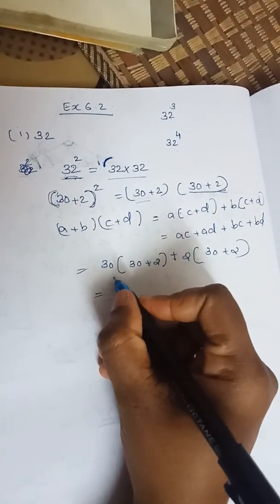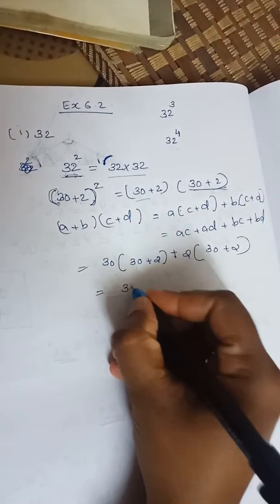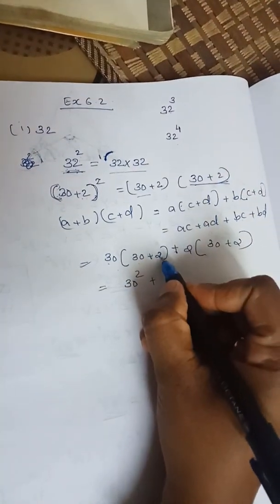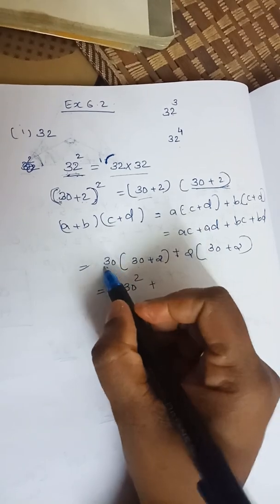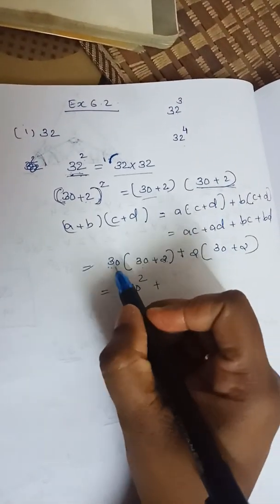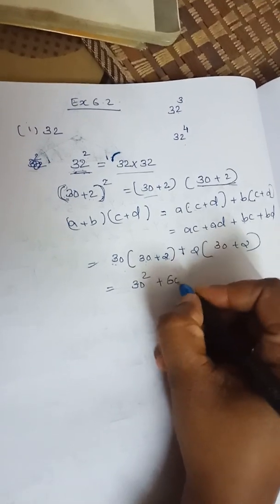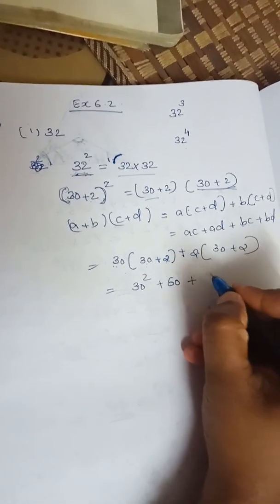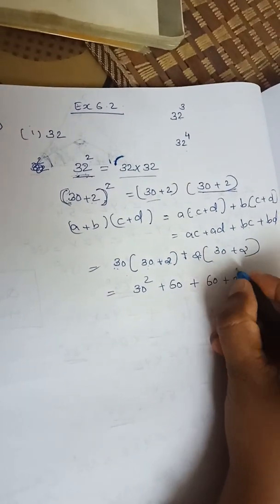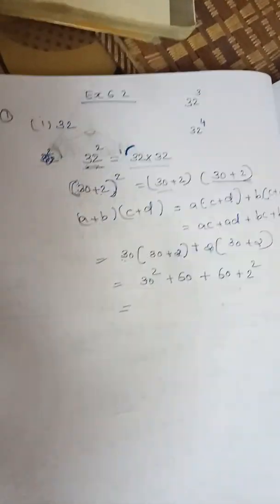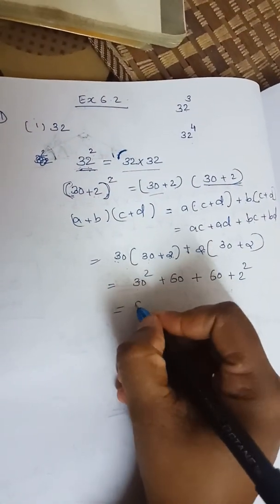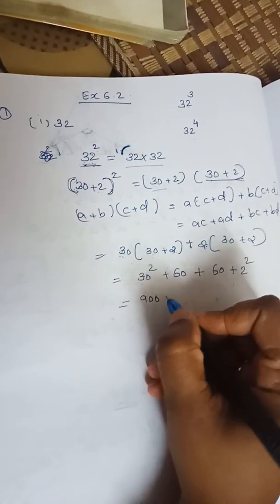Now open the bracket: 30 into 30 is 30 square, 30 into 2 is 60, plus 2 into 30 is 60, plus 2 into 2, that is 2 square. 30 square is 30 into 30, 3 into 3 is 9, then two zeros, 900.